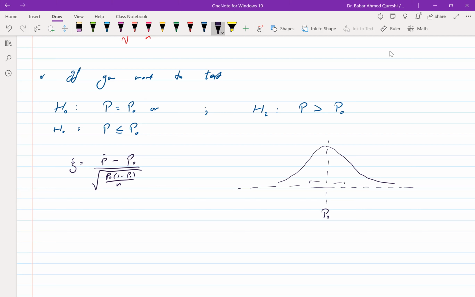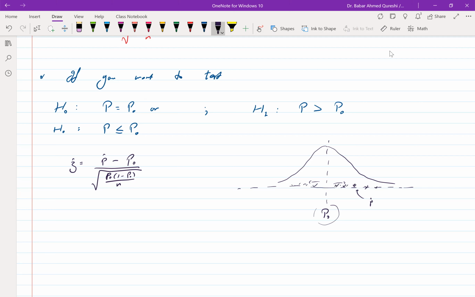My alternate is that the population proportion is bigger than this value. So if in my sample I see numbers here, it could be because of two reasons. One reason is that it's just by chance, because my P hat is a random variable and it will take values all over here with a certain probability.